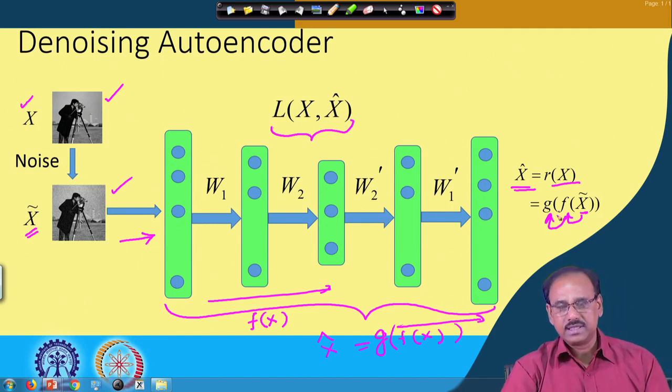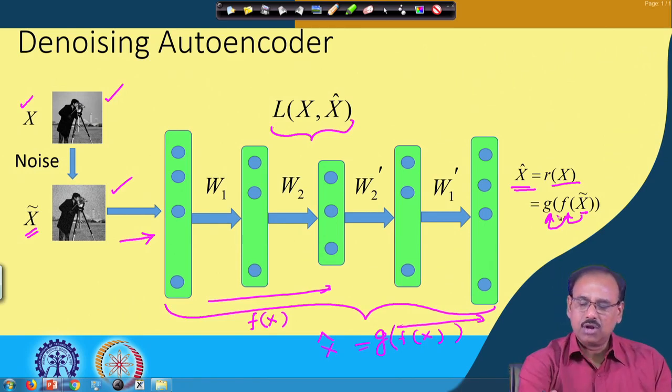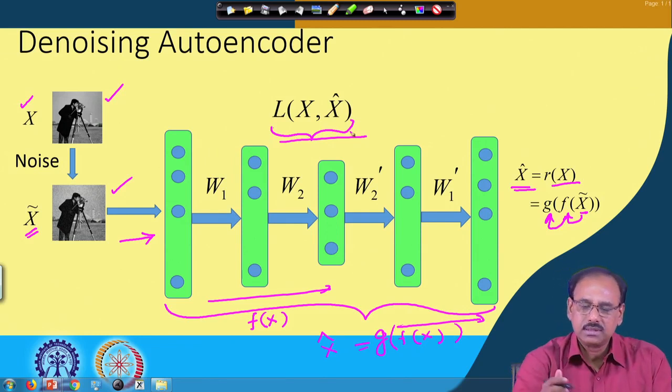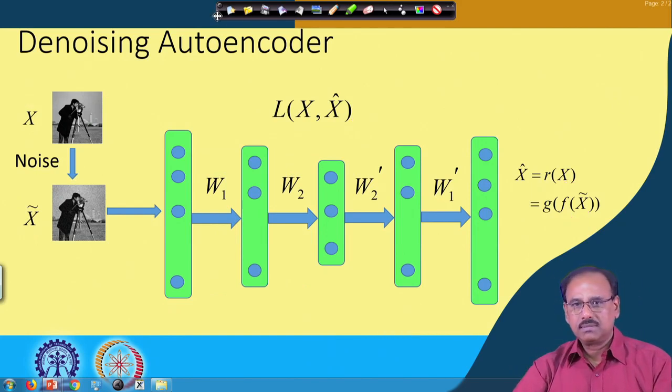So x hat is equal to g of f of x tilde, where x tilde is the corrupt or perturbed data, and I expect that this reconstructed data should be the same as my original data x. So the loss function we are minimizing is L(x, x hat), which can be a squared error loss. So this is what this denoising autoencoder does.